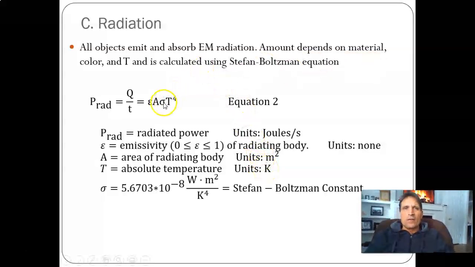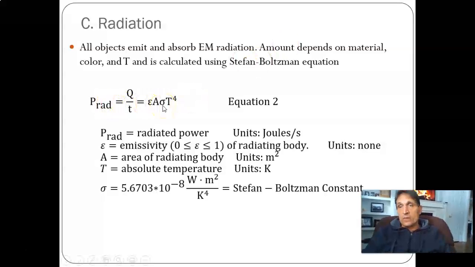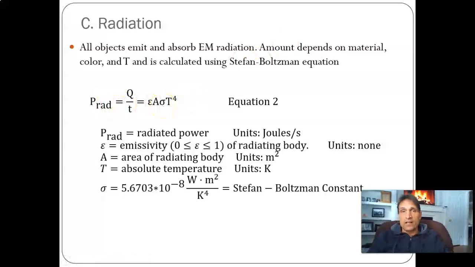So what are these other variables? Well, A is the surface area of the body. Sigma is just a constant, which we call the Stefan-Boltzmann constant. And epsilon, this E-looking thing, is the emissivity of a body. And basically, it's a measure of how good the body is at radiating at a given temperature.